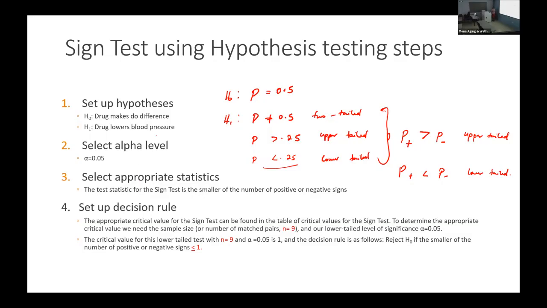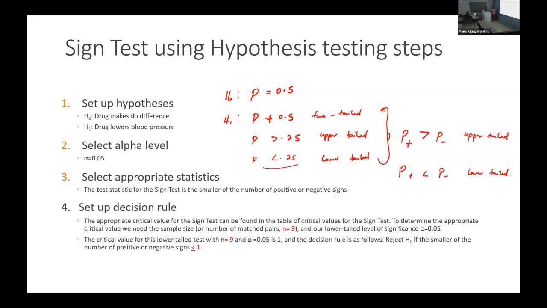Yes, usually. All right, so regular step one, to prove hypothesis, select our alpha level, 0.05, and select our appropriate statistic. Usually the test statistic for the sign test is the smaller of the number of positive or negative signs. Kay had asked us how do we know to use the probability of the two.